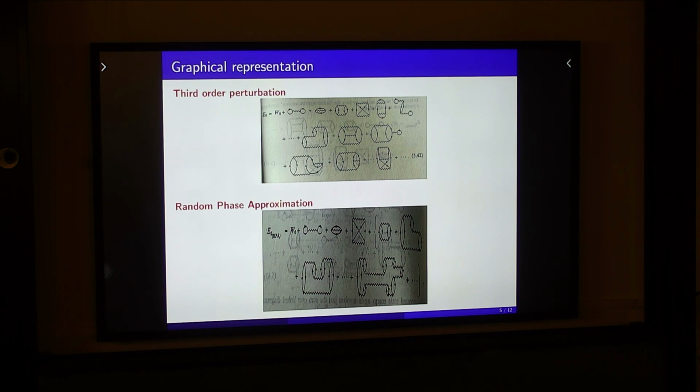So in second order perturbation theory you are then doing 1 over T minus W0. This is second order perturbation theory. This is what you find here, and then of course you go on like that.